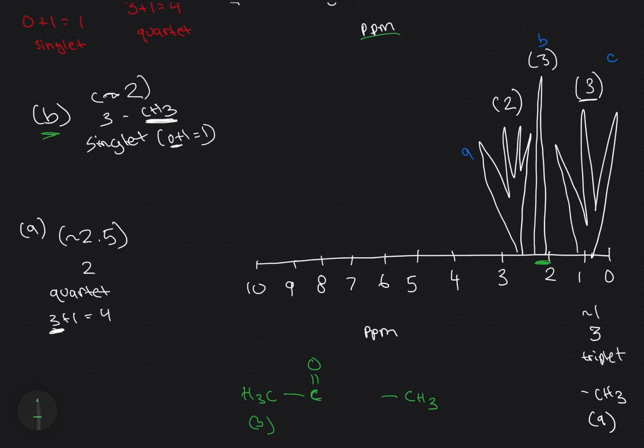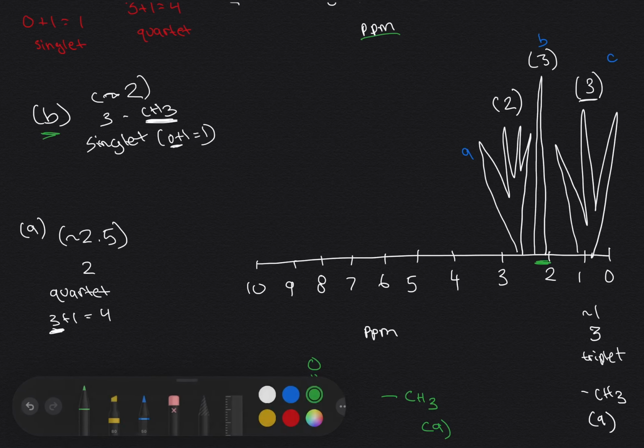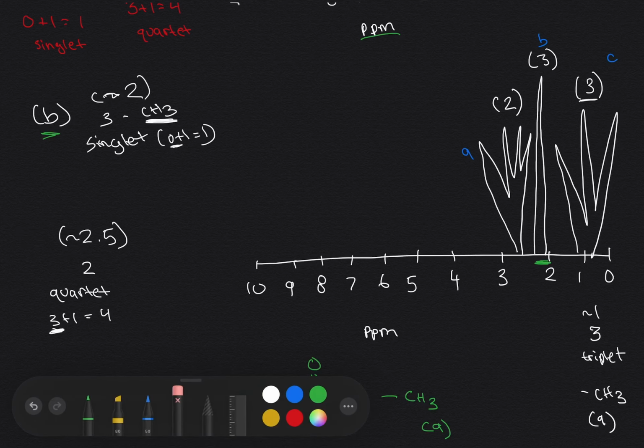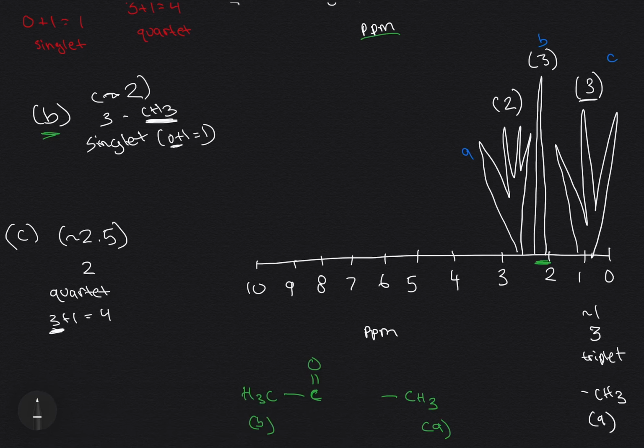Okay, so this molecule is looking more complete. We could say that this was, oops, I drew this as A. It's not supposed to be A, I'm sorry. That is supposed to be C, isn't it? Yes, sorry. Okay, so let's go and look at this one, C. It's a quartet, so it's next to a CH3. Okay, so that could work right here next to this one.